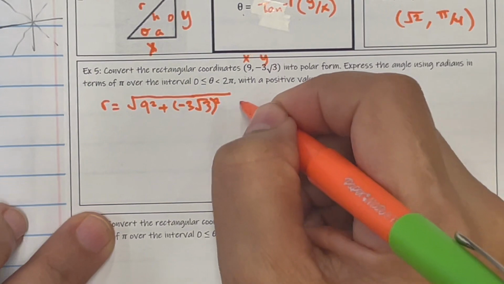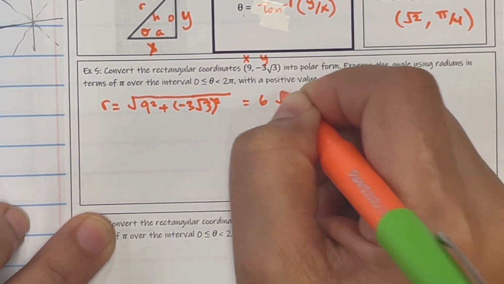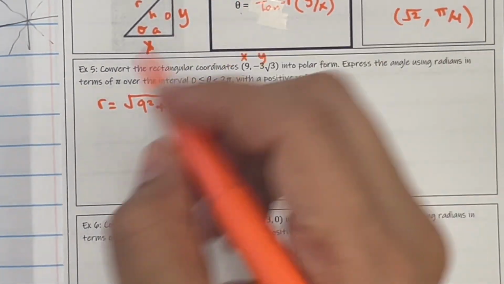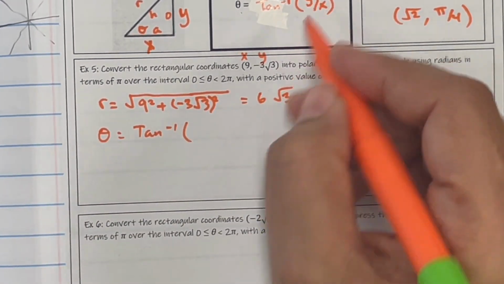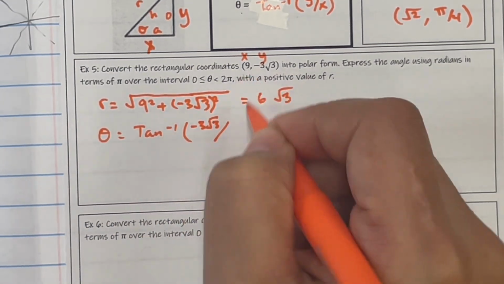So this is going to be 6 radical 3. So that's r. Now we're going to find theta. To find theta, it's going to be the inverse tan of y, which is negative 3 radical 3, over x, which is 9.